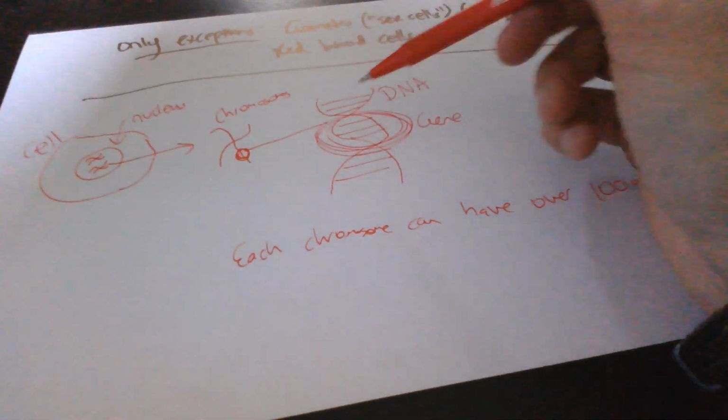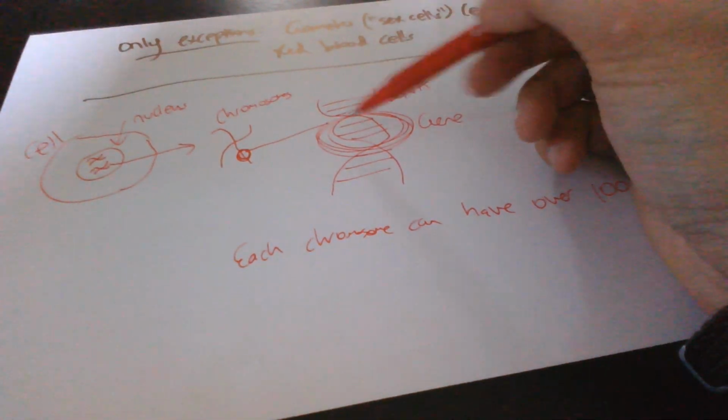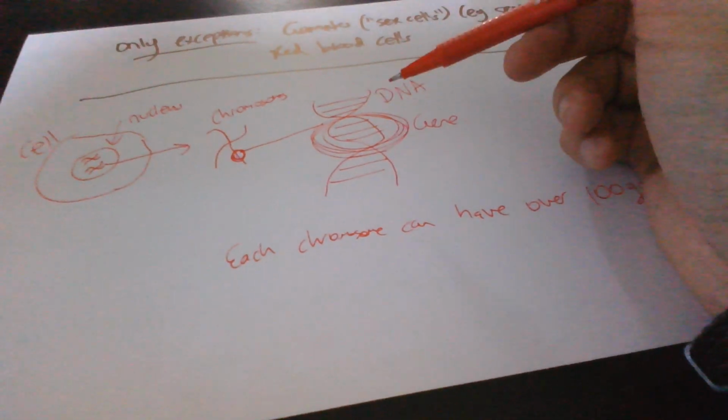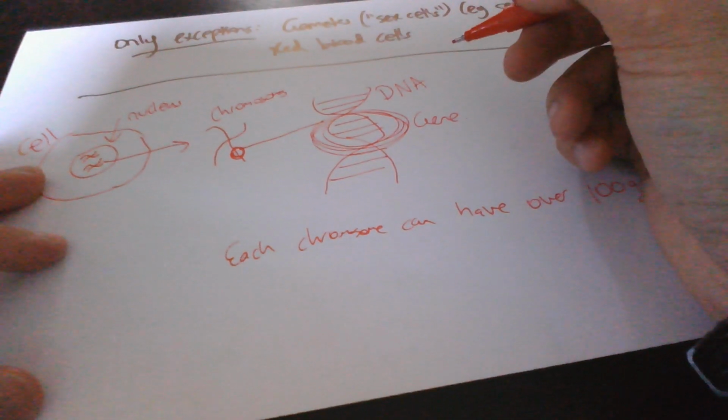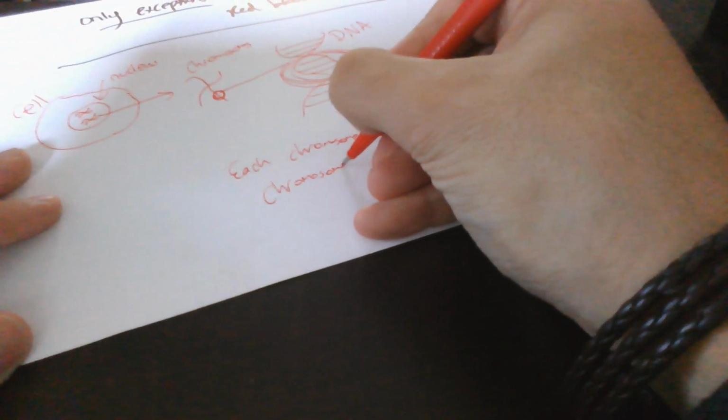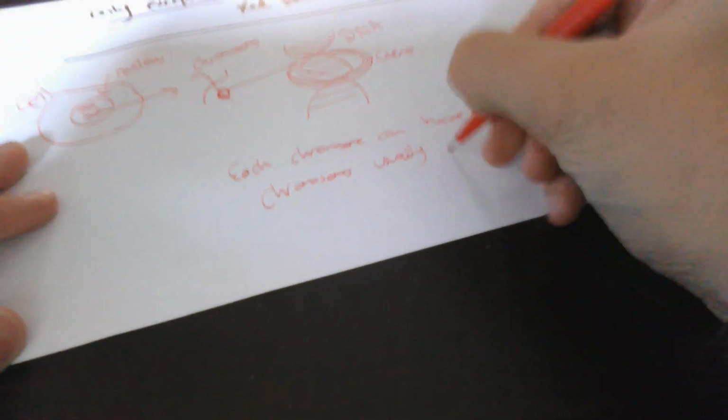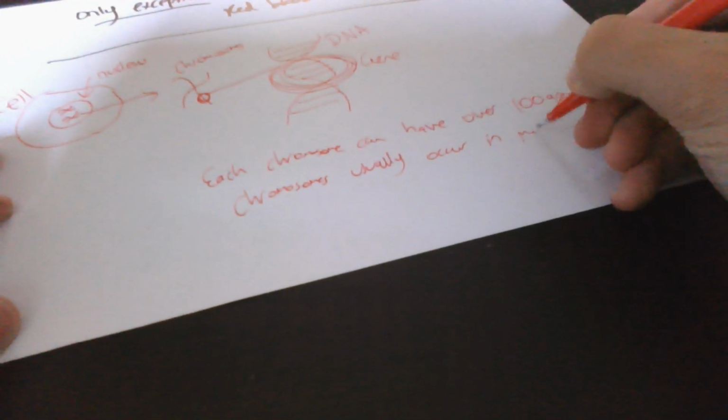Looking at a chunk of a chromosome, you can see DNA, and there are a lot of genes. Chromosomes usually occur in matched pairs, so they come in pairs.